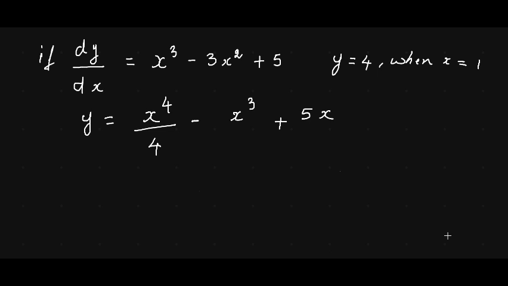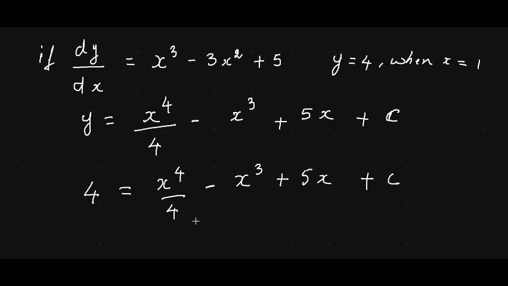The equation seems right. Let me solve the problem. Actually, you might have found what the calculation mistake is, but I just want to try it again. So y is equal to 4 equals x to the power of 4 divided by 4 minus x cubed plus 5x plus c.